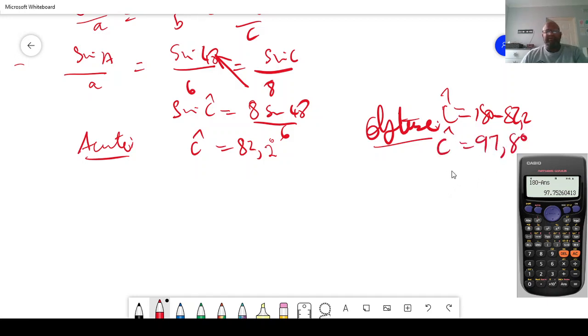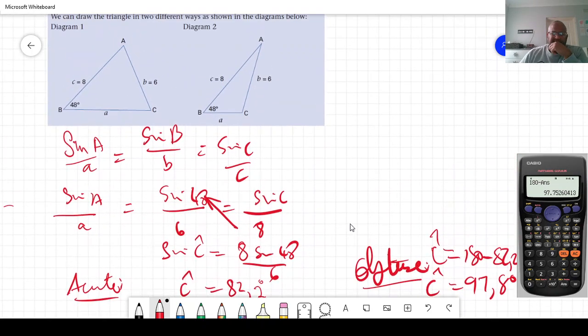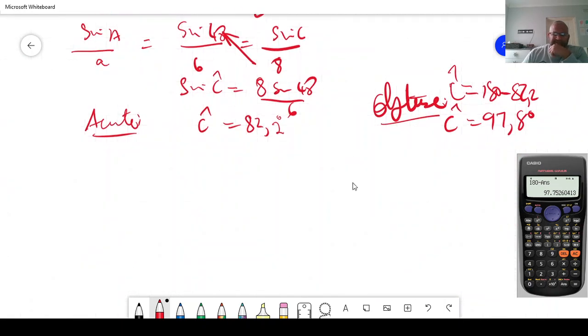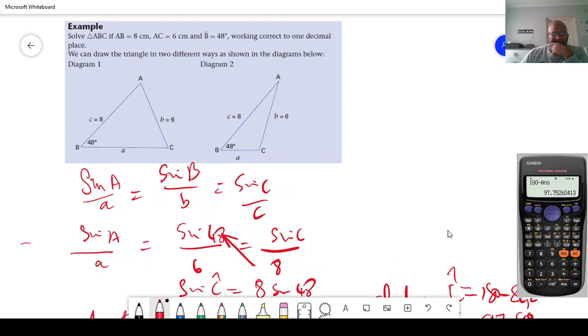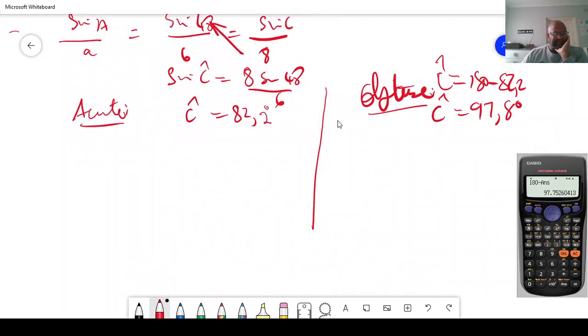Now if that's your obtuse angle, the third angle is going to be one of two cases. Remember, it can either be obtuse, in which case it goes with the side here, or if it's acute, it will be that. So angle A would be 180 minus 82.2 minus the known angle, which is 48 degrees.